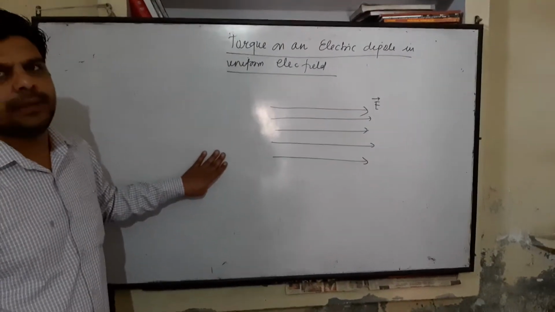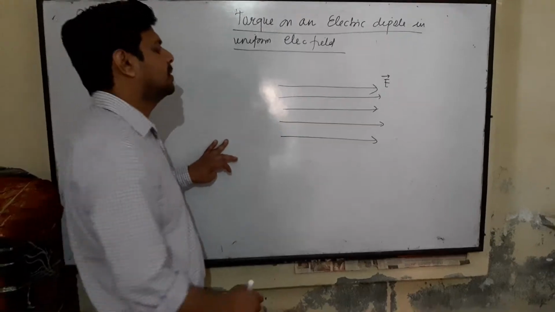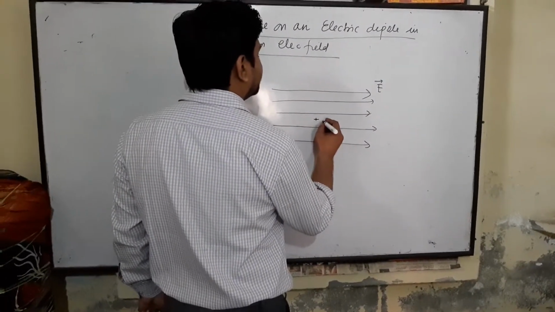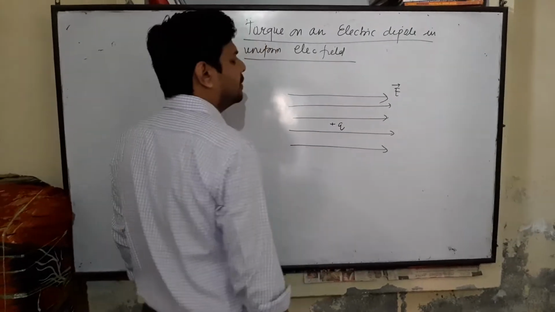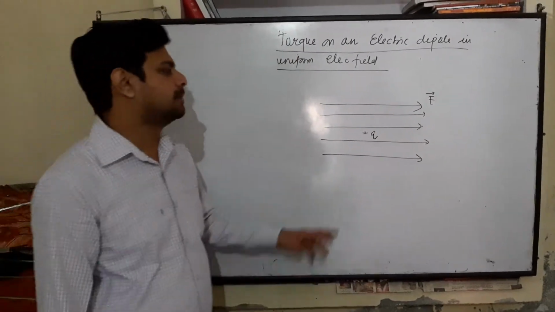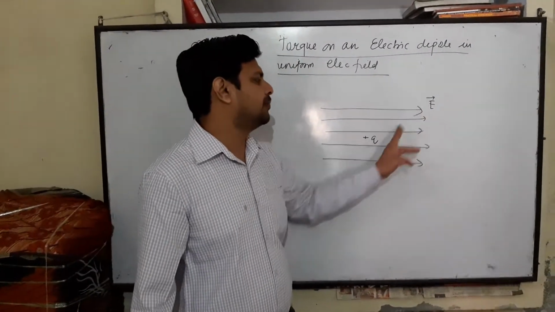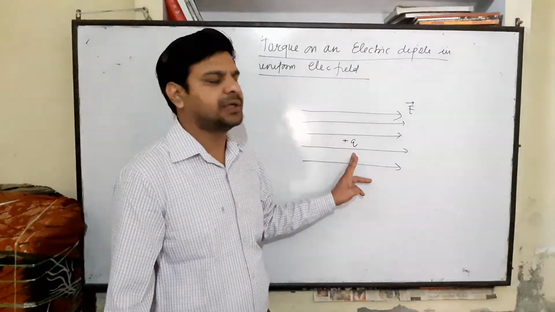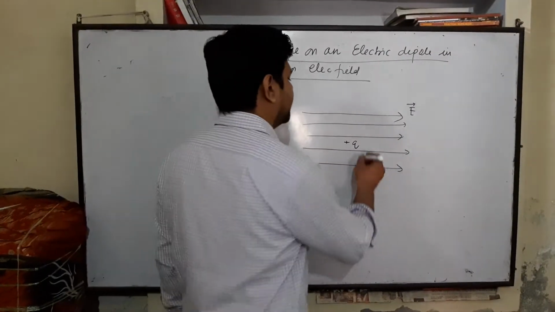As we have seen, if we place a positive charge, a plus Q, in a uniform electric field, it will experience some force in the direction of the electric field.